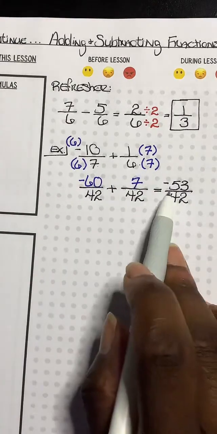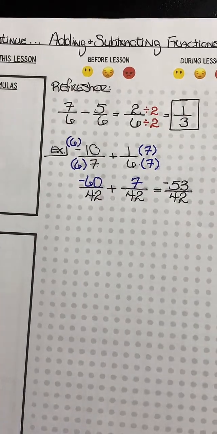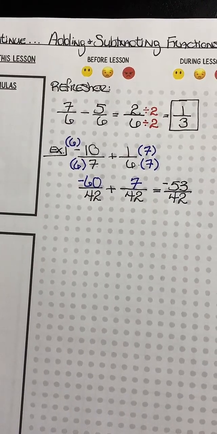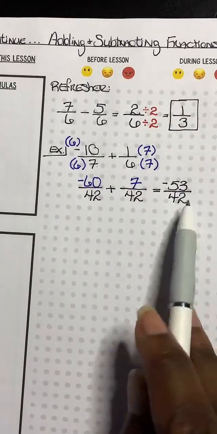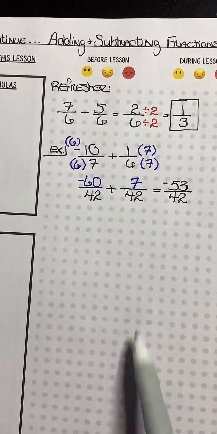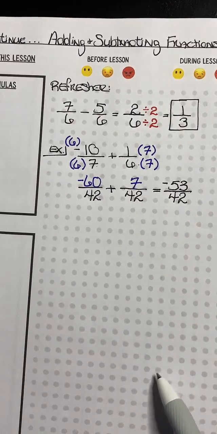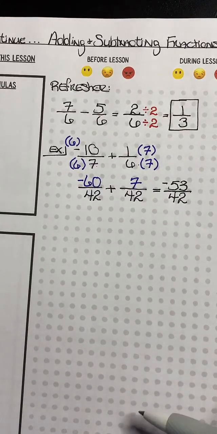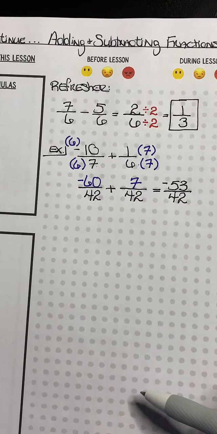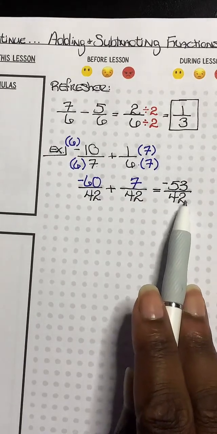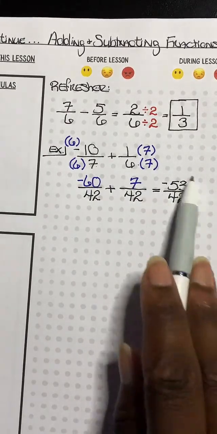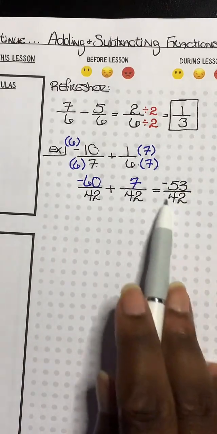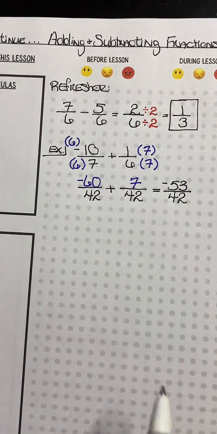But negative 53 over 42, it's improper. But sometimes I'll take a look at this and I would look at my answer choices. You never know. Okay, sometimes on the GED, they may put an improper fraction in there once in a while, just to kind of throw the scent off. But I know that I have a whole number that's within this.